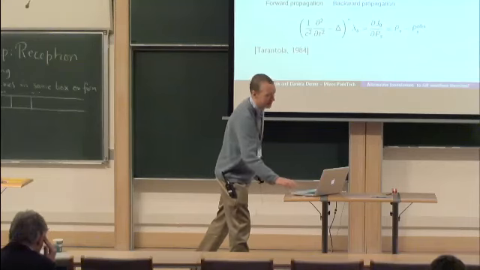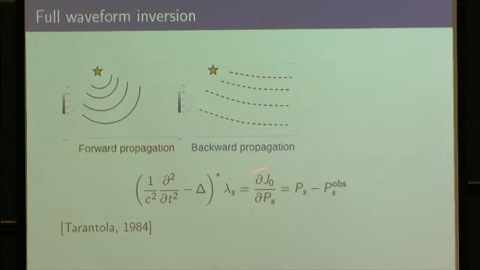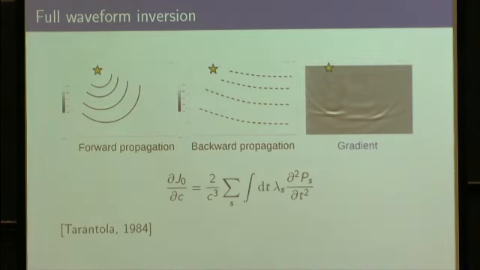Then you back propagate residuals here. And the residuals here, in an adjoint state method, are given by the derivative of your objective function J naught with respect to the data. And then you correlate the two. Here I did it with a single shot, here taking all frequencies together, so I have some sort of reflectivity, okay, and of course I have to add the contributions of all shots.